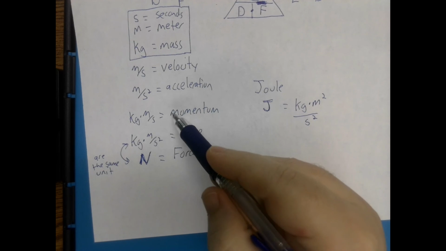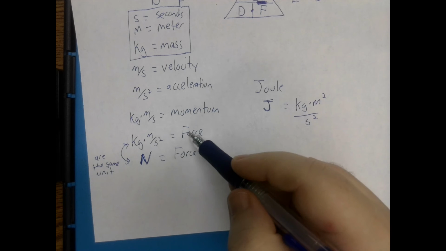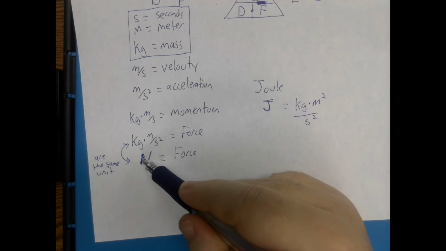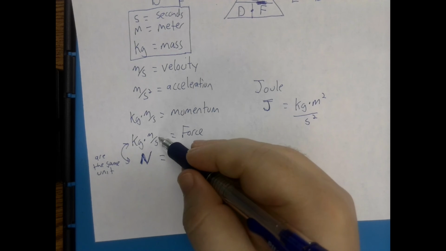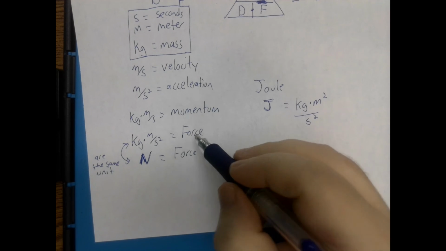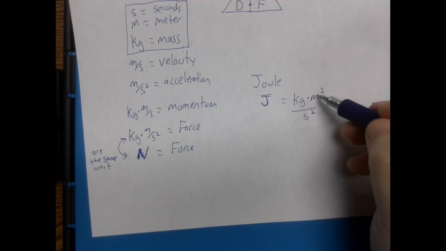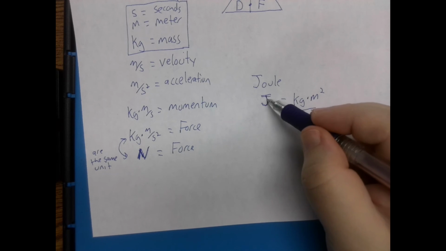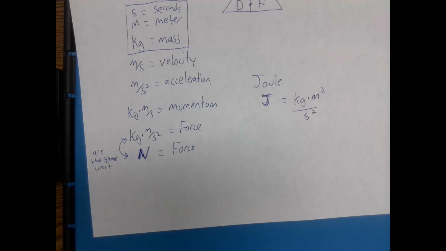Once we add another second to this, it becomes newtons. If we take force and add another meter to it, it's equal to joules. Again, you don't need to know about joules now. That'll be next unit. So any questions on the test?